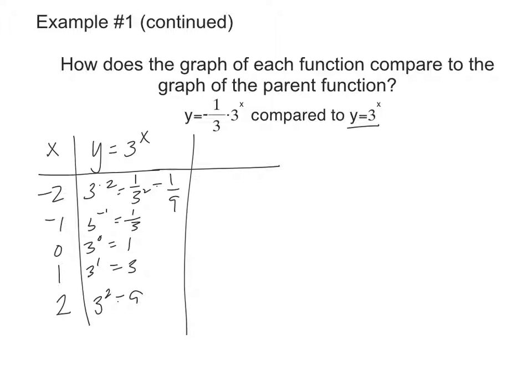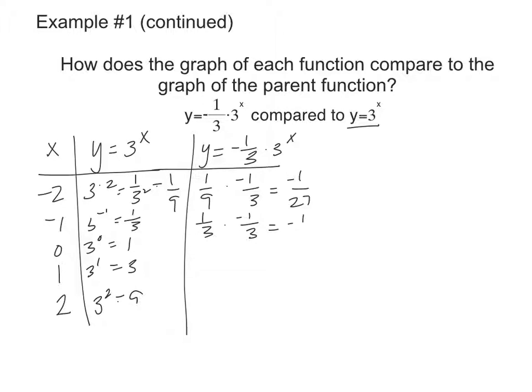Okay, and then if we use the new transformed function, we're going to have y equals -1/3 times 3 to the x. So we're going to take what we just found and multiply times -1/3. So if I have 1/9 and I multiply it times -1/3, that's going to give me -1 over 27, because I'm multiplying straight across. The next one I have 1/3 times another negative 1/3.